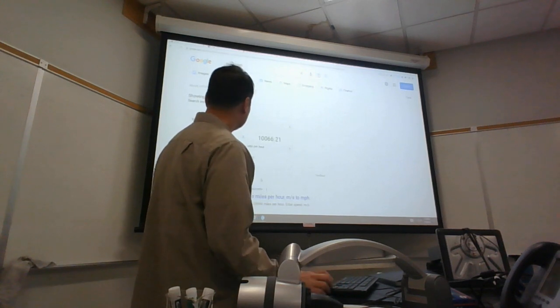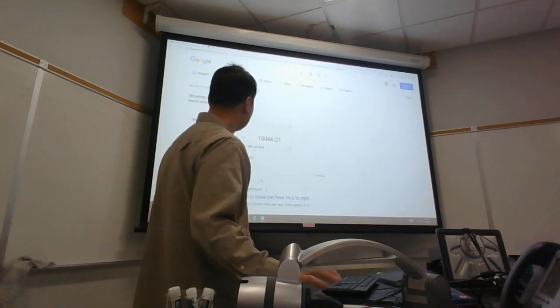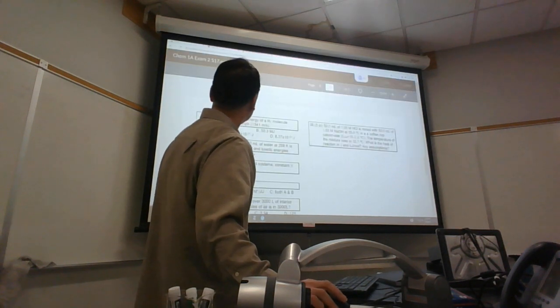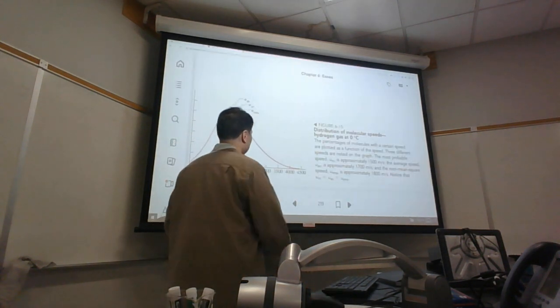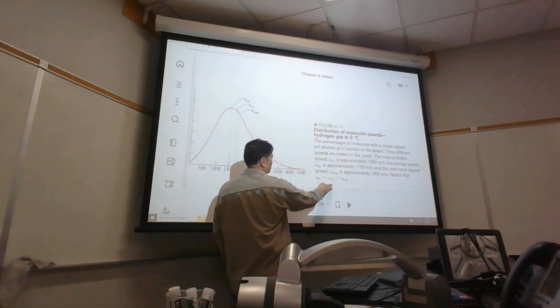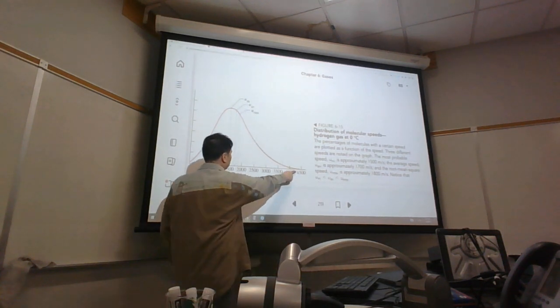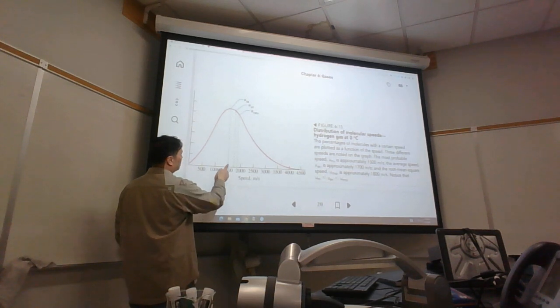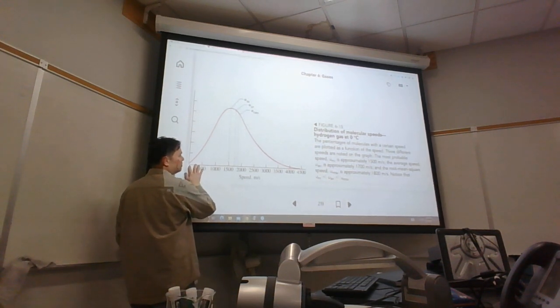So 4,500 is 10,000 miles an hour. Gee, that's fast. But it's a very small population. Most of them are moving at about 1,500 meters per second here, and some of them are moving slow.